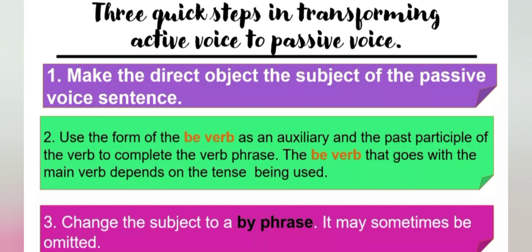Number two, use the form of the be verb as an auxiliary and the past participle of the verb to complete the verb phrase. The be verb that goes with the main verb depends on the tense being used. So please take note of that.